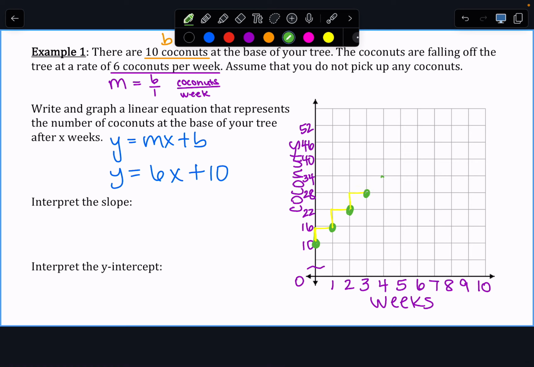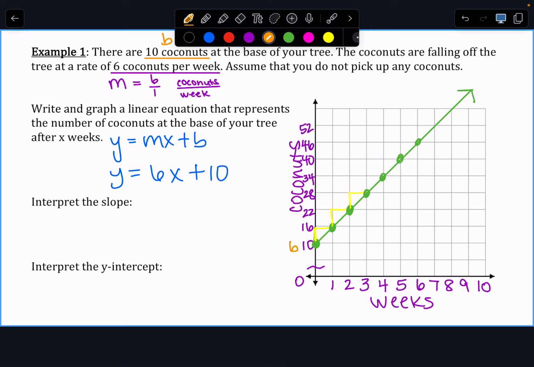And I can just keep doing that, and I have my line. Why did I count by 6? That was our slope. I started with my b, and then I counted up by my slope.